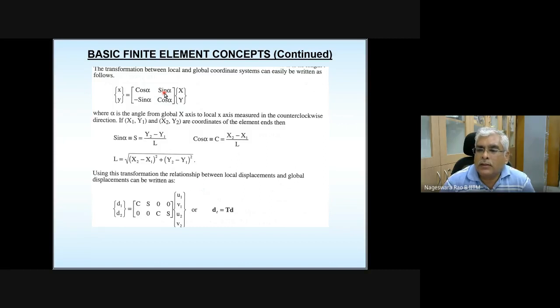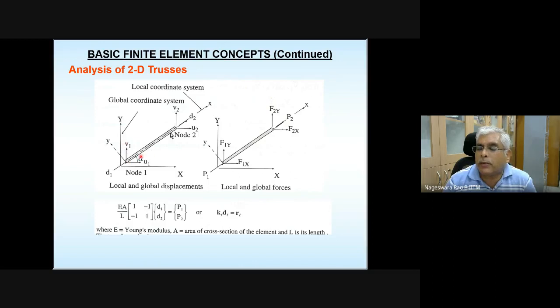You can see this member orientation and easily find it out. Let's say capital L is the length of this axial member. What is sine alpha? Sine alpha is nothing but opposite over hypotenuse. You complete this triangle.